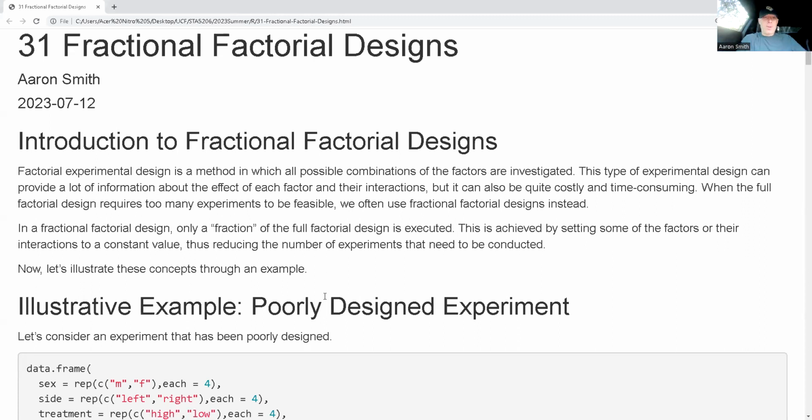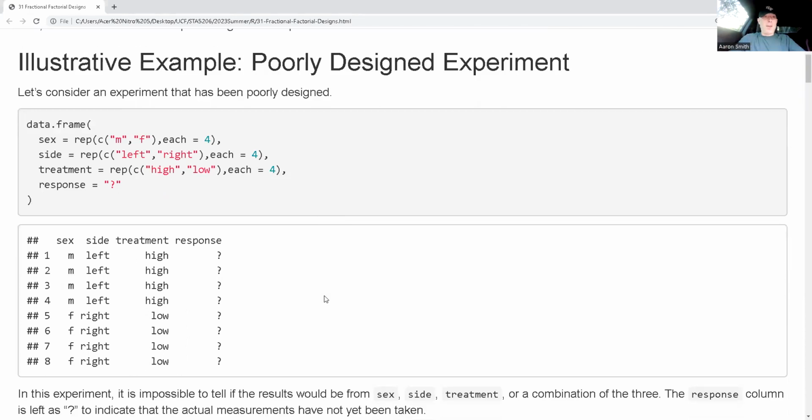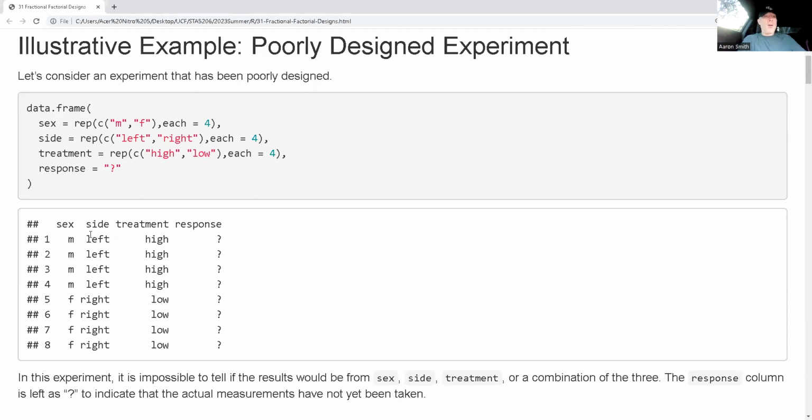To make this a little bit more clear, let's look at a poorly designed experiment. Check out the situation. I'm going to go out and collect data and look at the response variable, the dependent variable, and I want to do a linear regression model where that response is the target variable.